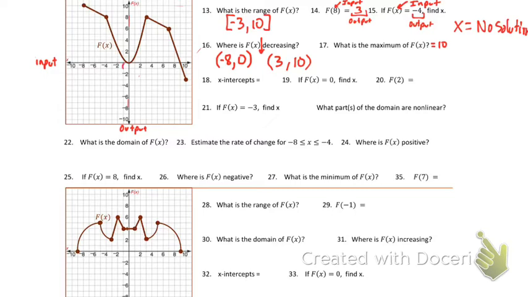So the first point is (0, 0). And my next point is (9, 0). So remember, x-intercepts and y-intercepts have to be in point form. So my x-intercepts are (0, 0) and (9, 0). Okay?